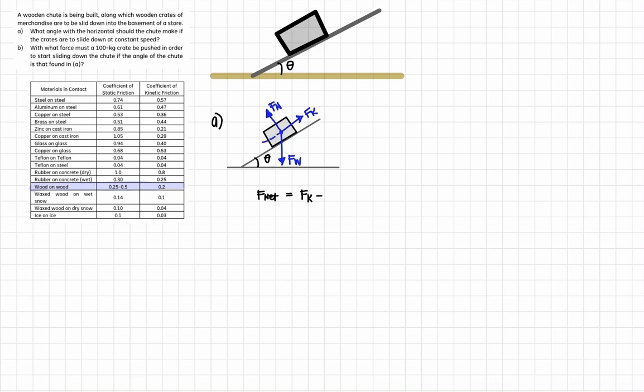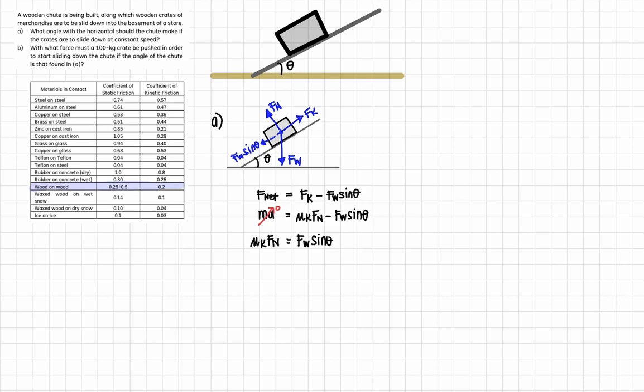This is a component of the force, Fw sine of theta. So that's Ma equals mu k Fn minus Fw sine of theta. But again, because the crates are sliding down at constant speed, this acceleration is 0, which means mu k Fn equals Fw sine of theta.